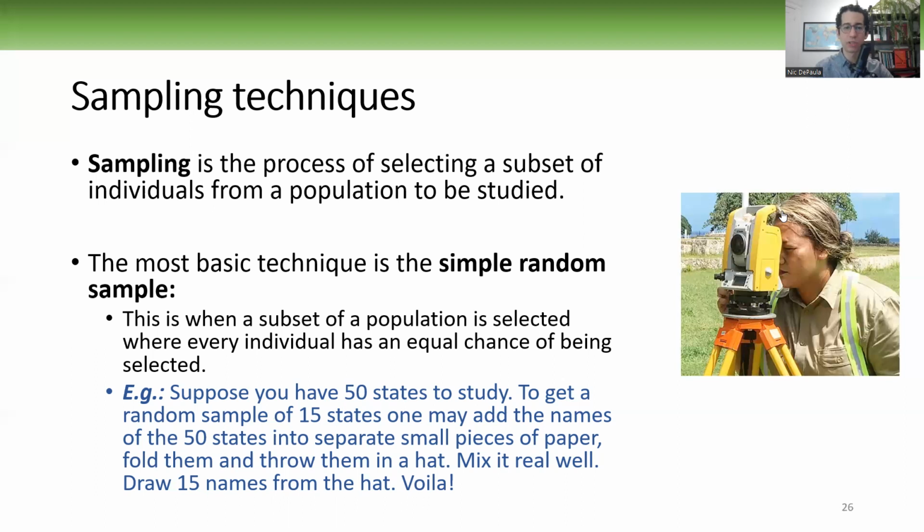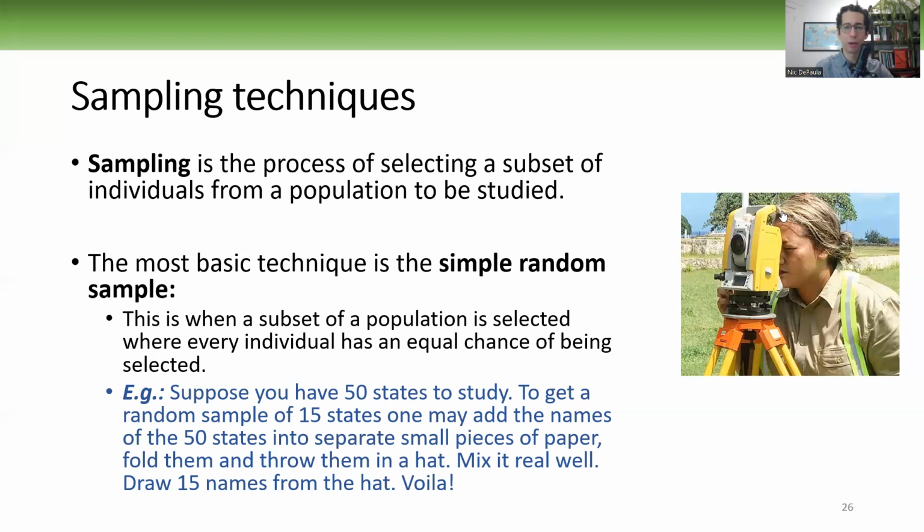So to get a random sample of 15 states, because 50 may be too difficult to study, maybe you need to collect a lot of data about the 50 states, and you don't have the time or resources, and you sample. And how do you sample 15 states?